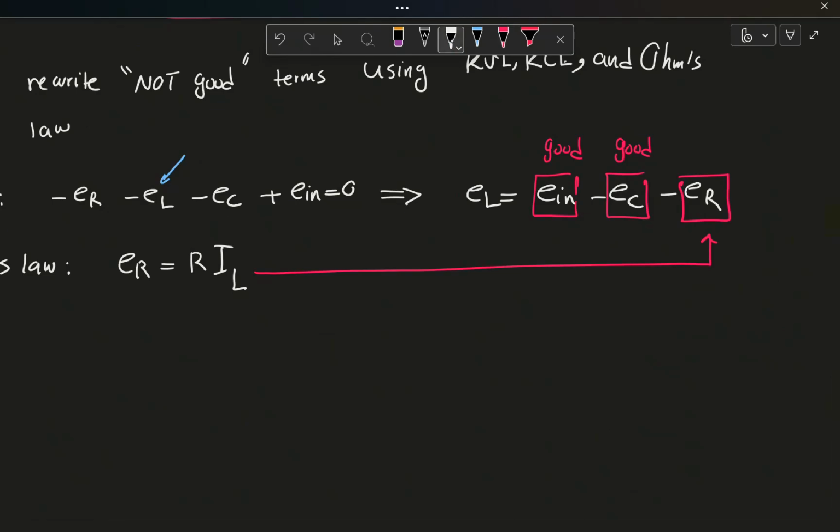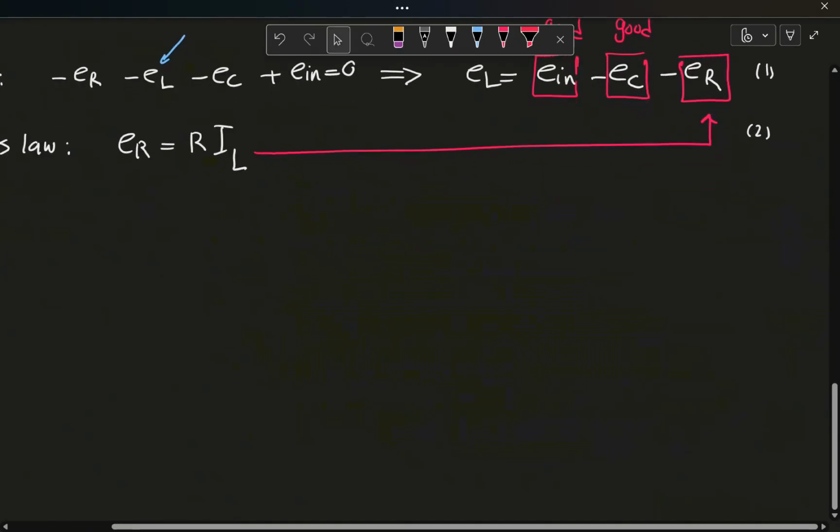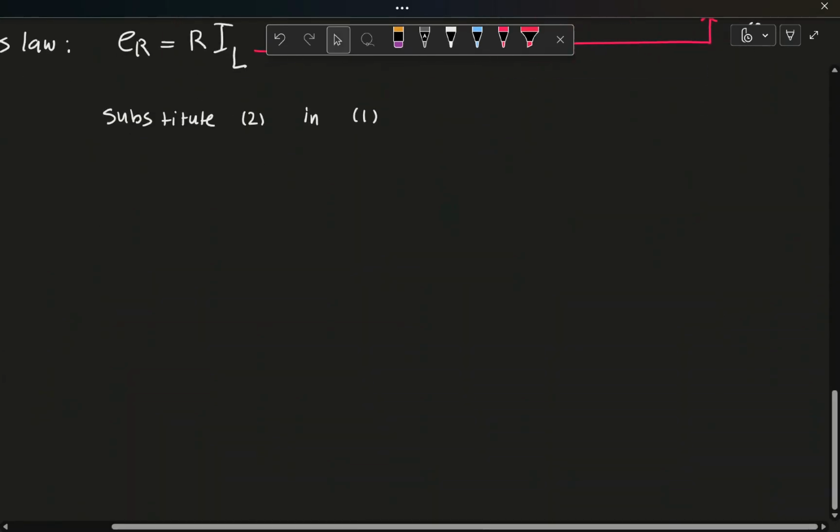Okay. Let's call this equation 1 and this equation 2. If you substitute 2 in 1, you end up with EL equals EN minus EC minus, instead of ER here, I'm going to put R IL. Okay, let's look at this equation again.